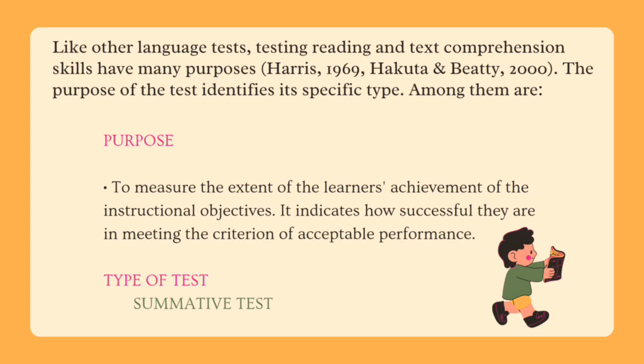It indicates how successful they are in meeting the criterion of acceptable performance. So the type of test is a summative test, which is usually given at the end of a chapter or a unit. For example, the teacher gives a final project that requires the application of the required skills in relation to the curricular outcomes, and that way we are able to measure what a student knows or what they can do.